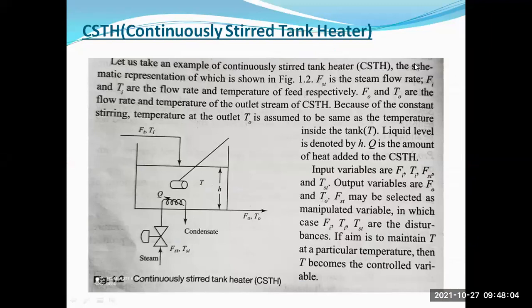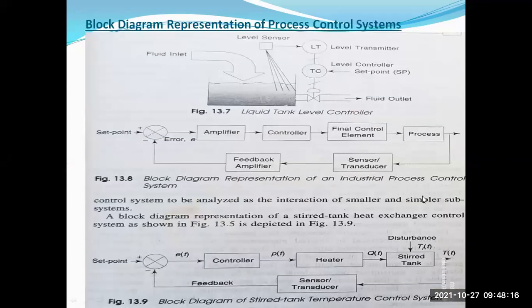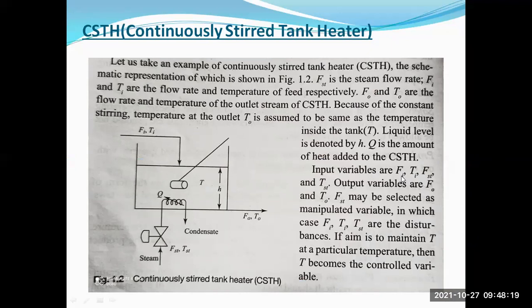This is a continuous stirred tank heater, sometimes shortened to CSTH. That means it has one tank filled with some type of fluid, such as water, or sometimes a different fluid, and it is heated by one heating element. So it is an example of the continuous stirred tank heater.